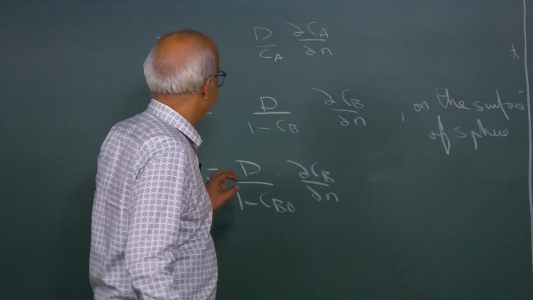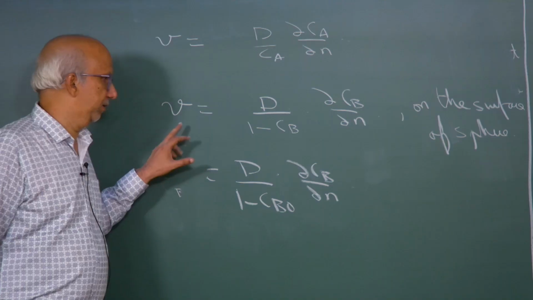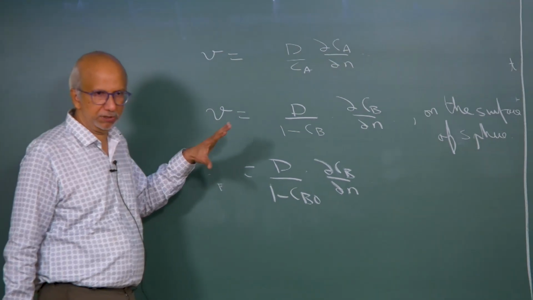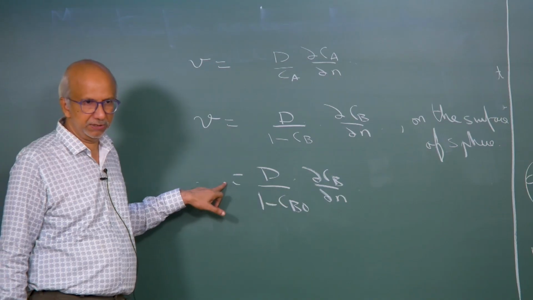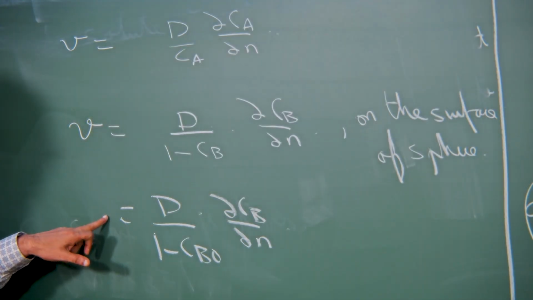Moral of the story is, even if you have no forced convection, there is going to be a velocity field induced because of this mass transfer, which is not the case in heat transfer.